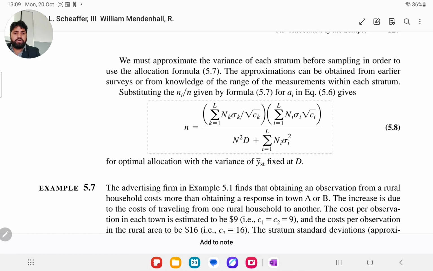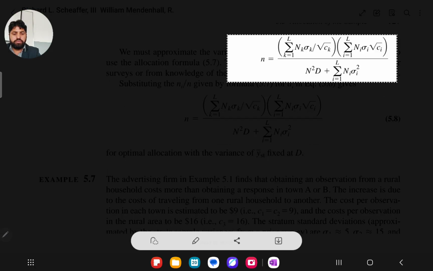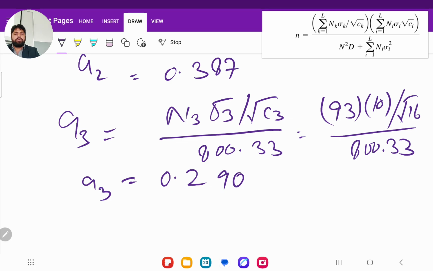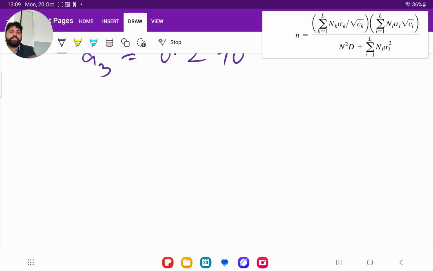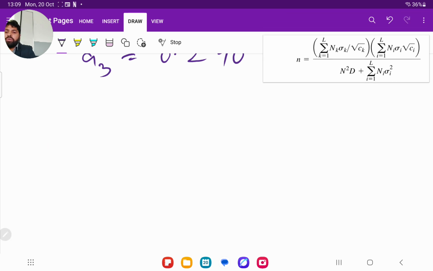And I will open this formula according to our given data. So now I'm opening N. Both of the numerators will be opened this way.